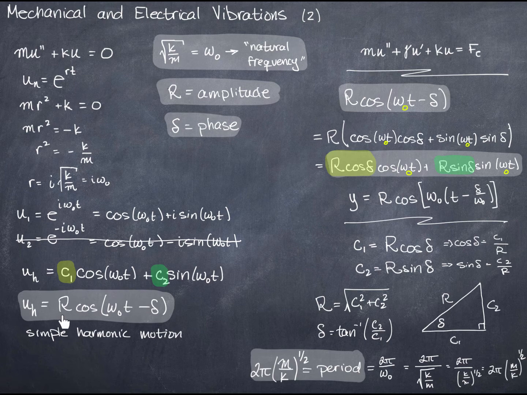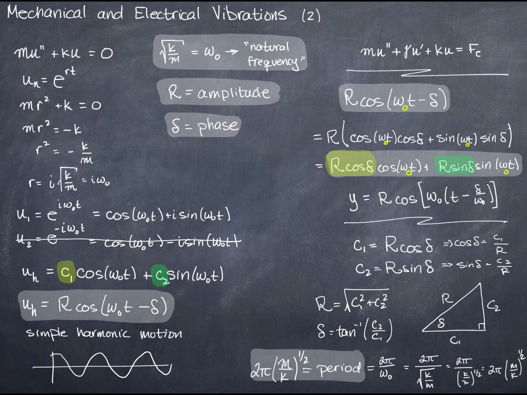The reason for that is that there's nothing to stop whatever weight is bouncing up and down on a spring. There's no damping, right? So we're going to talk in a future video about a system like this where there is damping. But for right now, when you graph this thing, you would have something that looked like this.